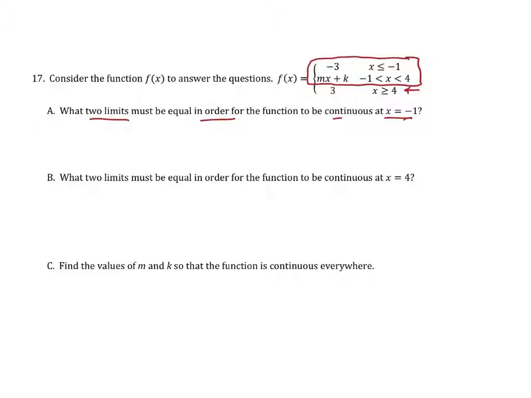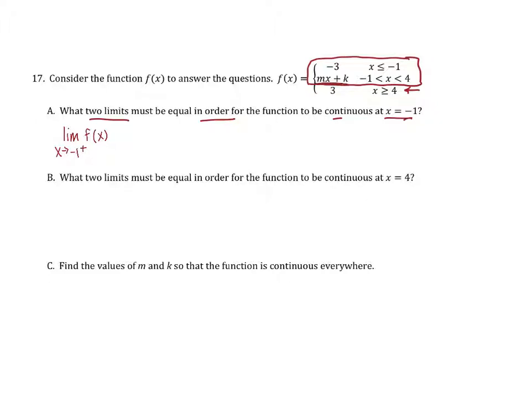So in other words, if I go to set up our problem, we're going to have the limit as x approaches -1, but this time let's look at it from the right side of f of x. And if we look at it from the right side, we're looking at all the values bigger than -1.